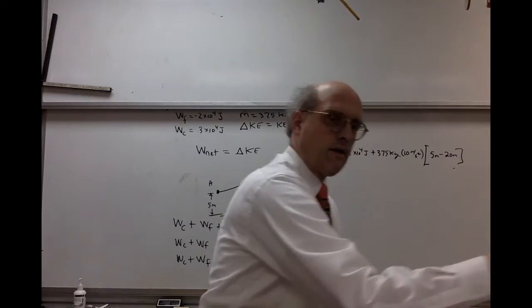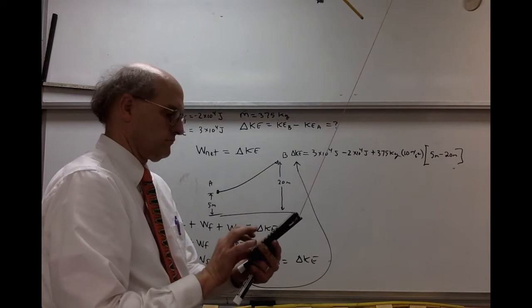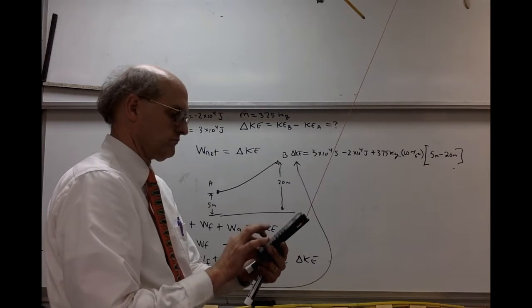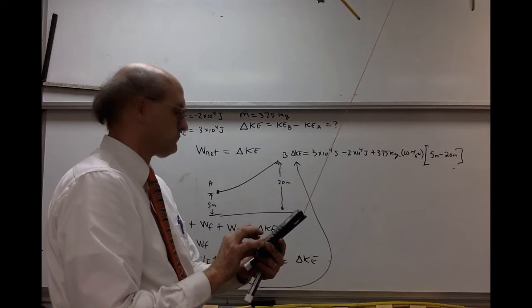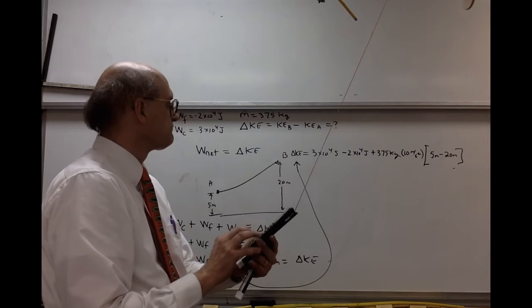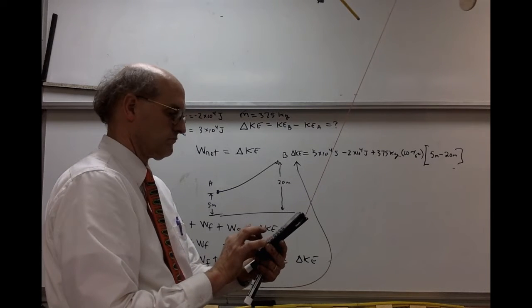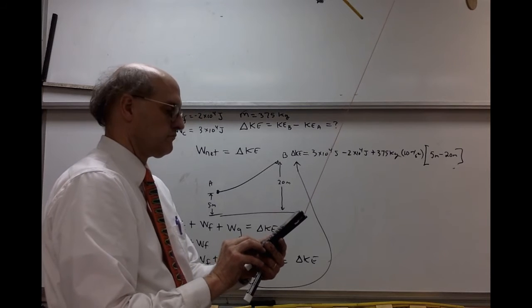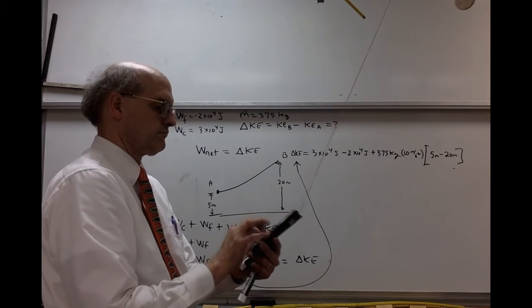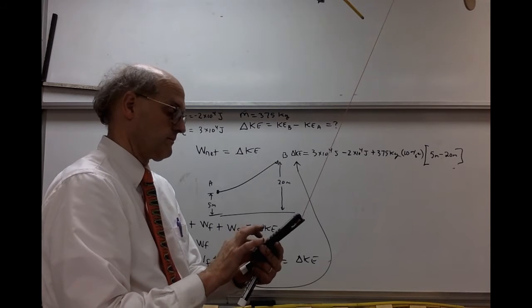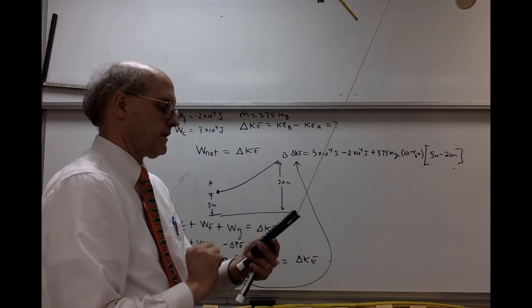Okay, so let's see what we get. I keep on making mistakes here. 5 minus 20 times 10 times 375.